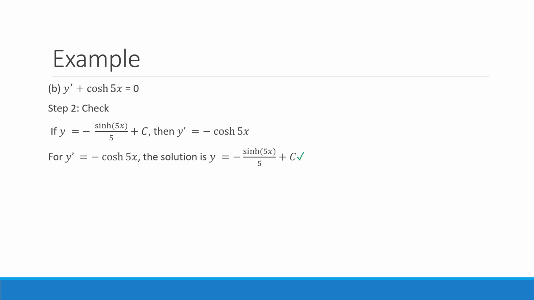So we can say that for our differential equation such that the first derivative of y equals negative hyperbolic cosine of 5x, the solution is negative hyperbolic sine of 5x divided by 5 plus the constant of integration.